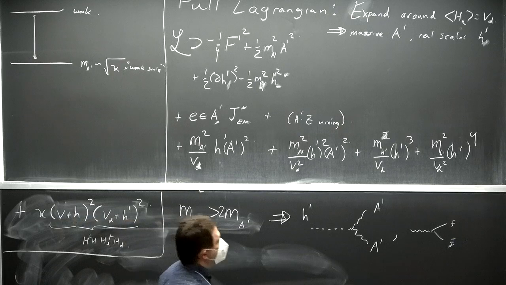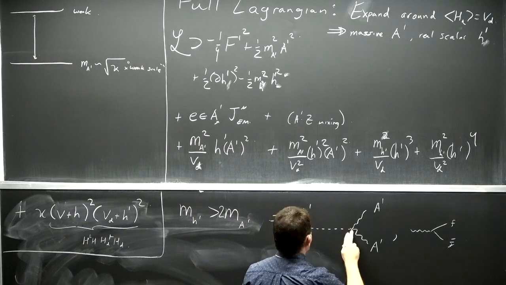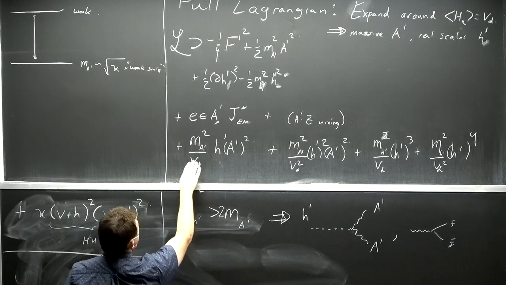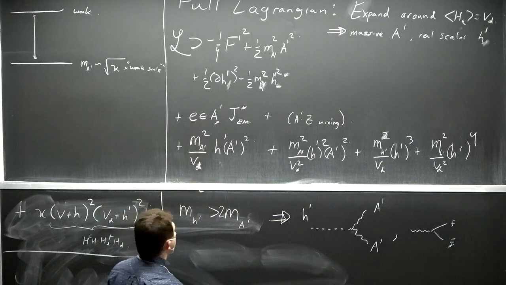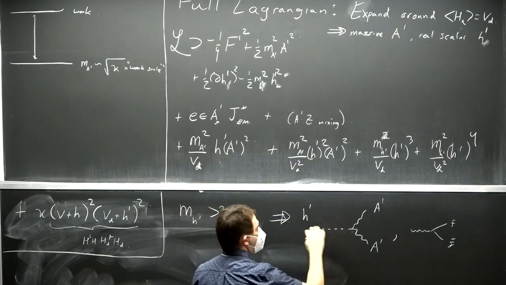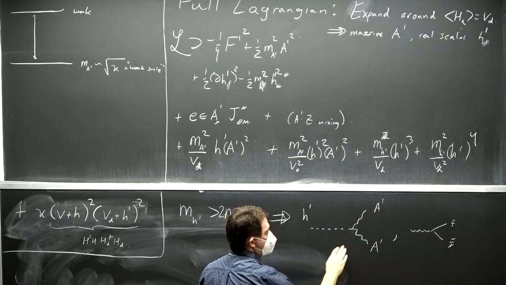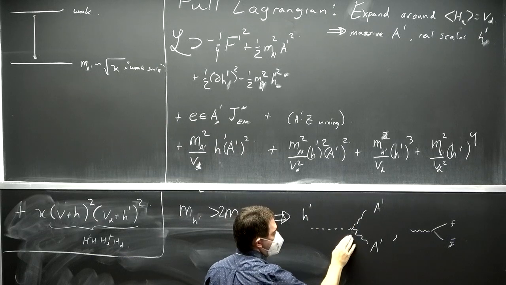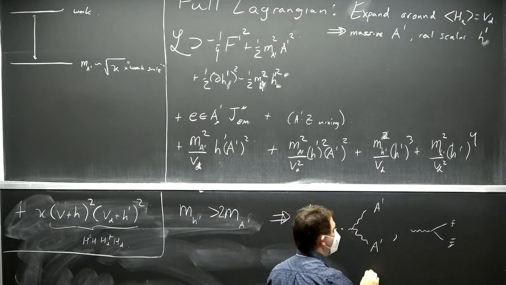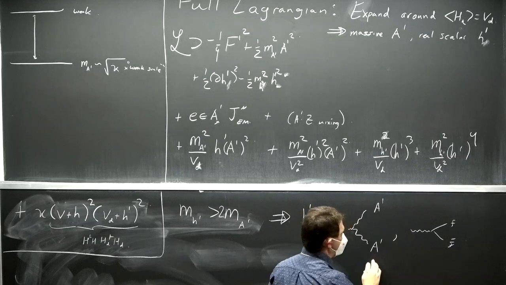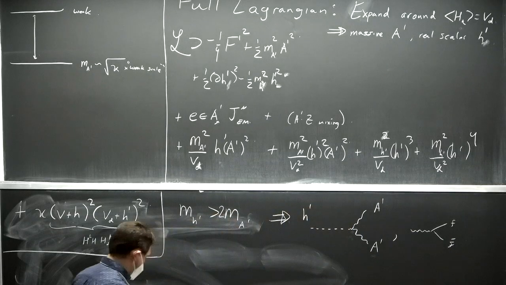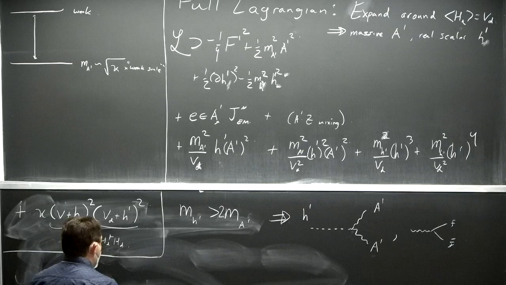Now, for reasonable values, note this is controlled by M A prime squared over V dark, so this is of order the mass scales in the dark sector. So this decay, when it can happen, is typically going to be prompt. And then whether or not you come back to standard model leptons will be determined by the lifetime of the A prime. Okay.